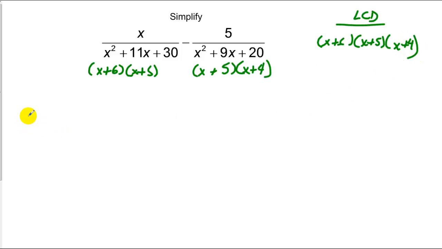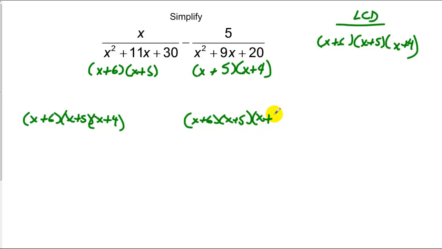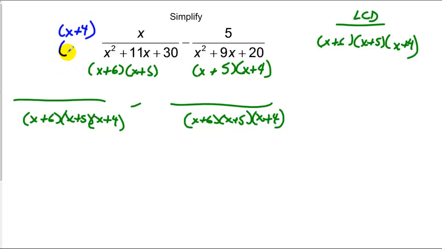So I'll rewrite that. Going to multiply by what changed. That's an x plus 4 in the first case. And in the second case, the x plus 6.